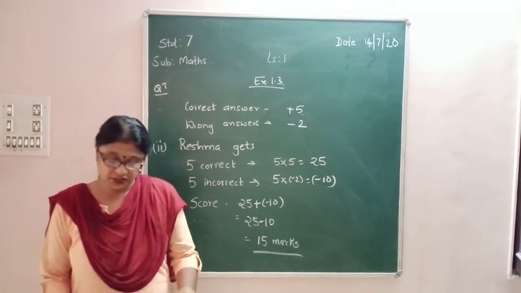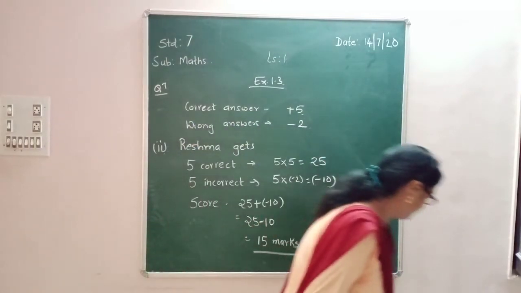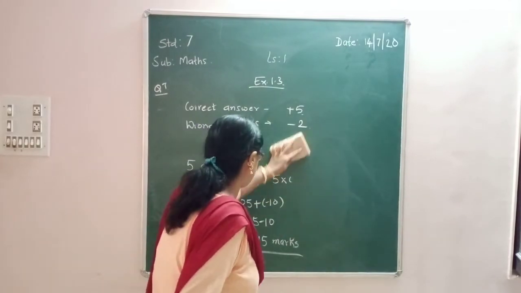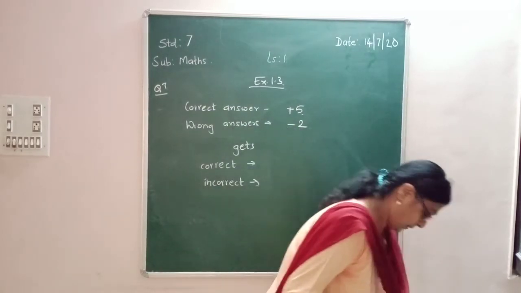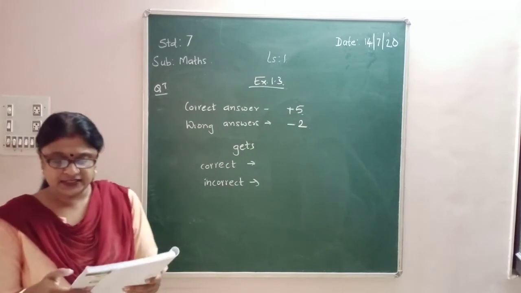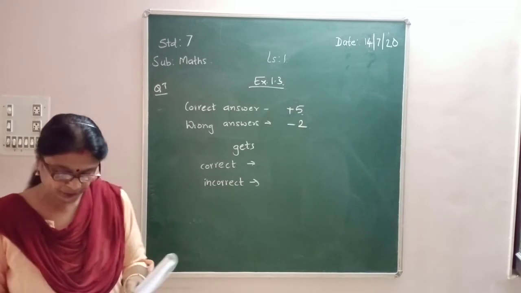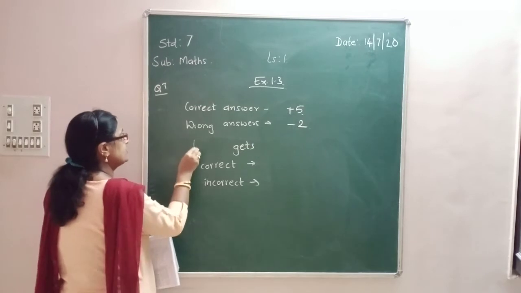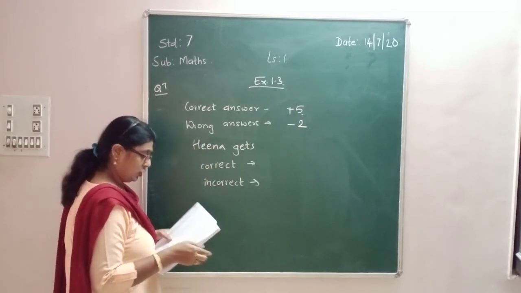Okay children, understood? Okay. Similarly, third one. Let us see the third one. Hina gets 2 correct and 5 incorrect answers out of 7 questions she attempts. Okay, so Hina gets how many correct? 2 correct.